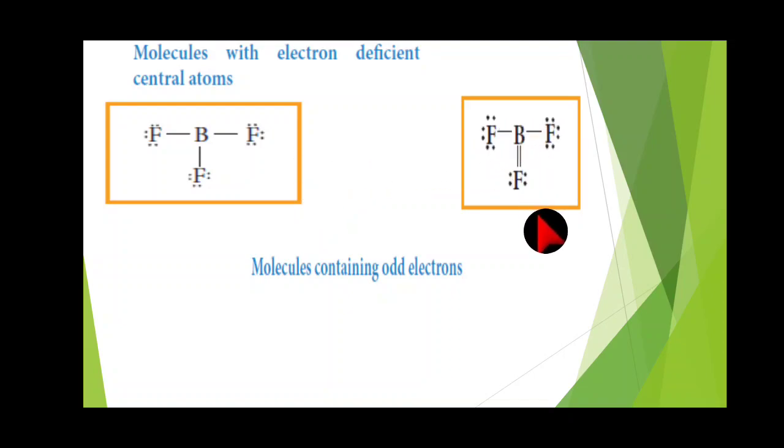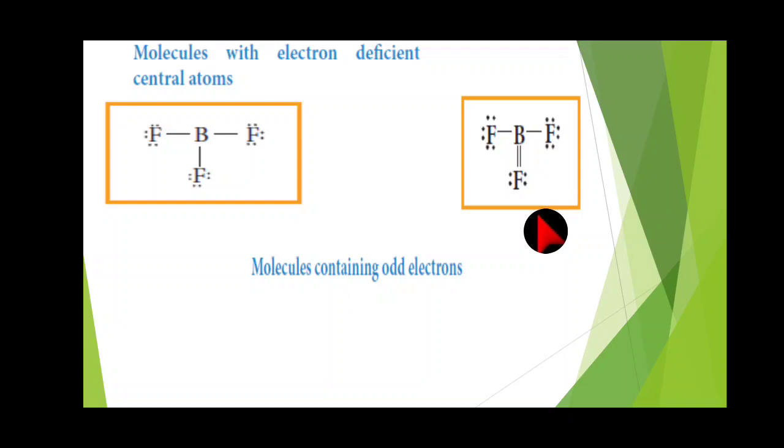However, this structure is unfavorable as the most electronegative atom, fluorine, shows a positive formal charge. Hence, the structure with the incomplete octet is the favorable one. Some molecules such as boron trichloride and boron dichloride also have an incomplete octet.